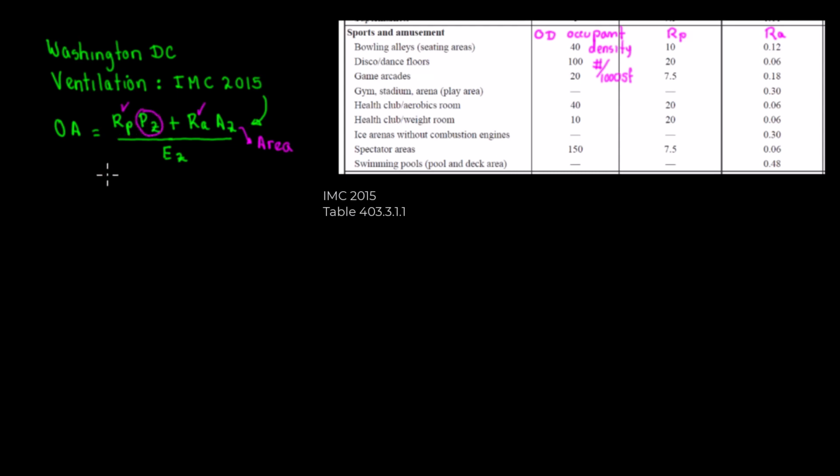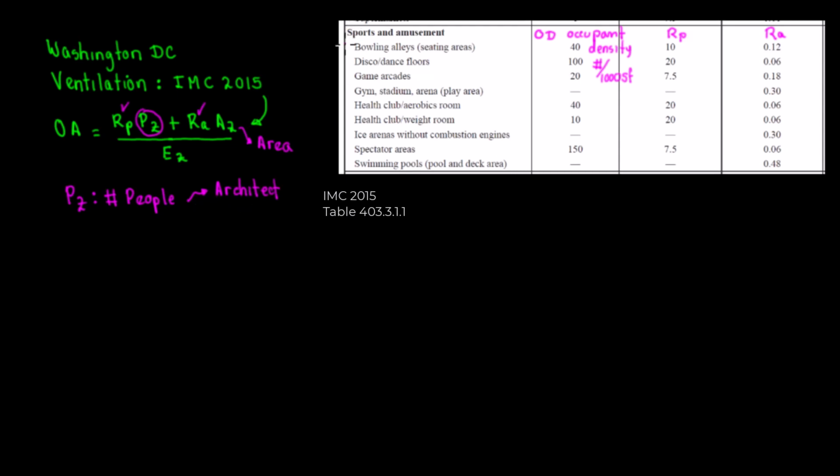In order to find the PZ, which is the number of people, we have two options. For the number of people, the architect could show you the furniture or the number of occupants. This could be provided by the architect, or the owner. You can always request it depending on the occupancy classification.